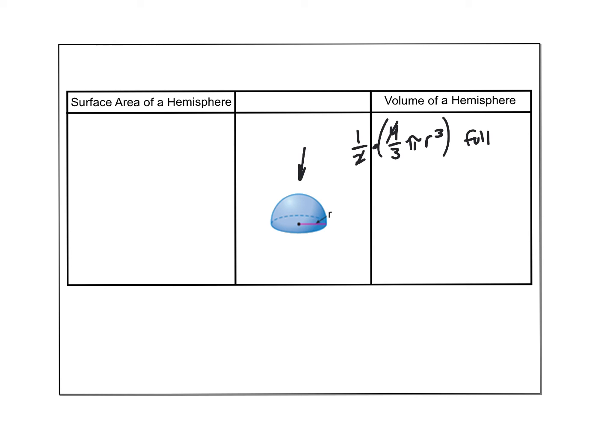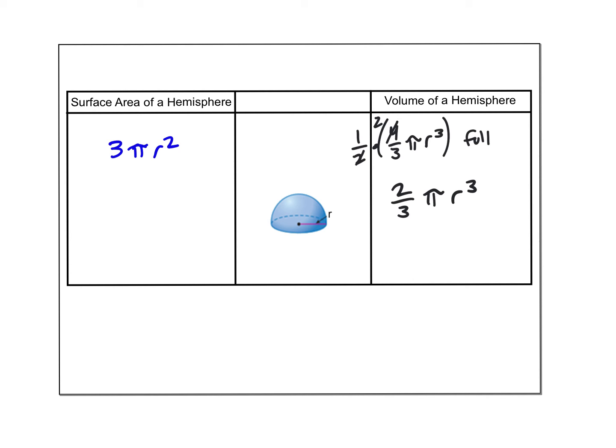Well, 4/2 is just 2, so my formula for that is 2/3 pi r cubed. For surface area, instead of 4 pi r squared, it becomes 3 pi r squared. I know, you would think it's just divided by 2, much like the volume, but it's not.